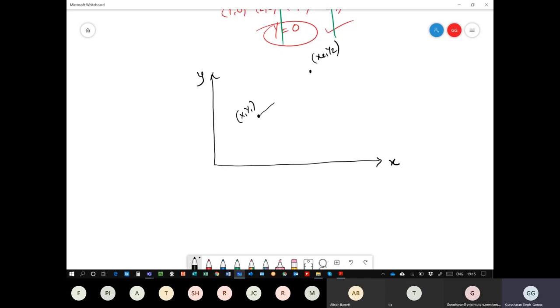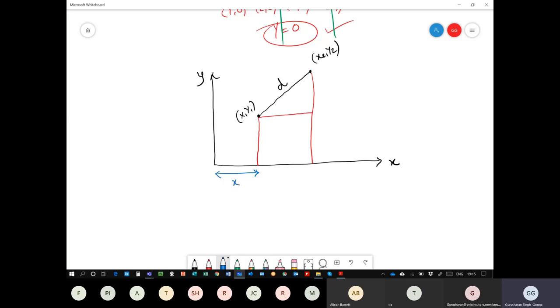Let us connect these 2 points, and let's say this distance is d. I will do a little construction here. I'll just draw a line connecting to the x-axis like this, and one line here. So what is this distance then?